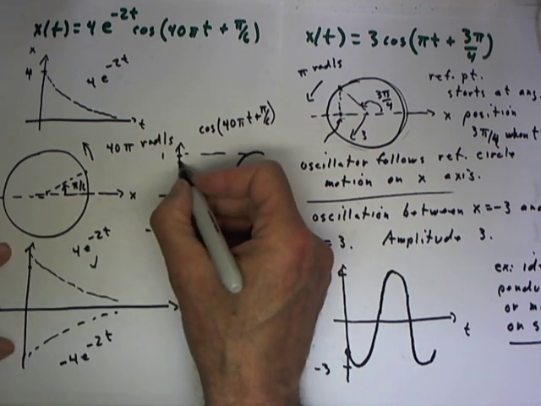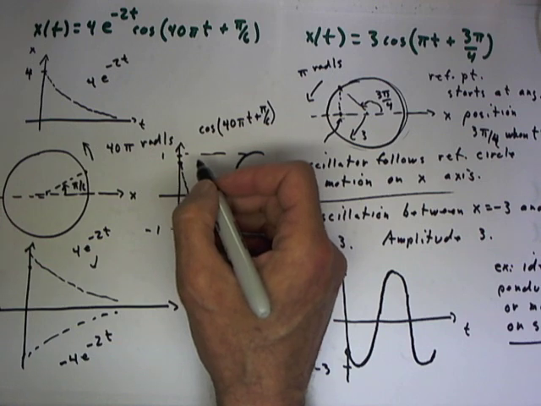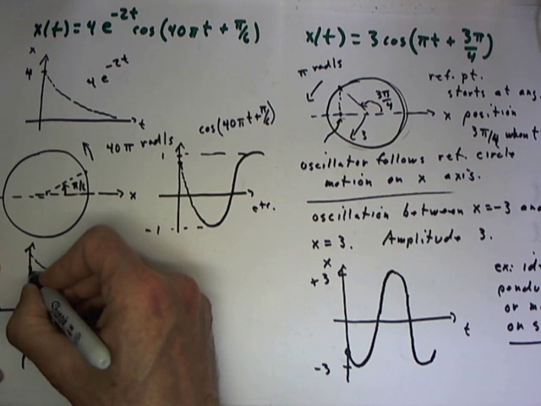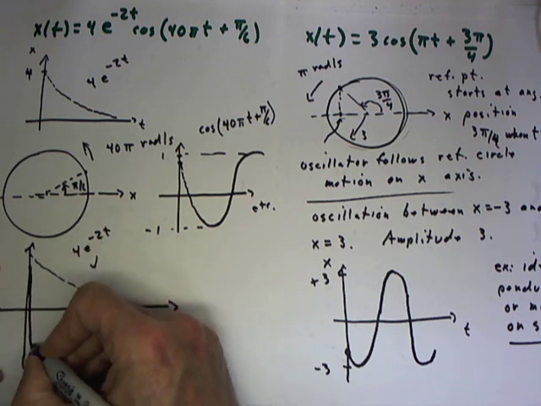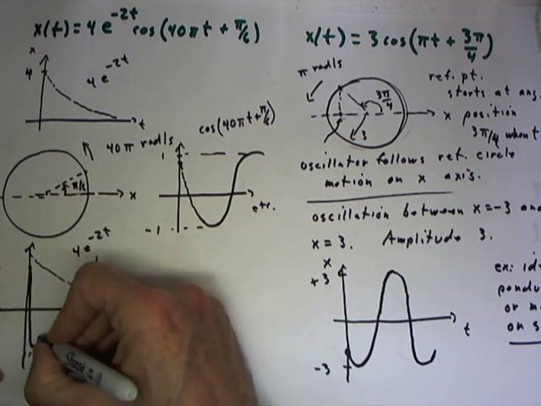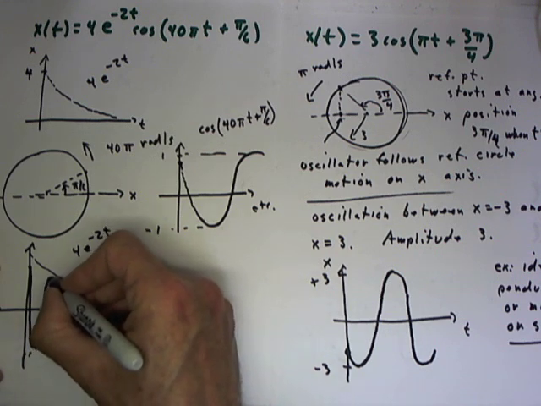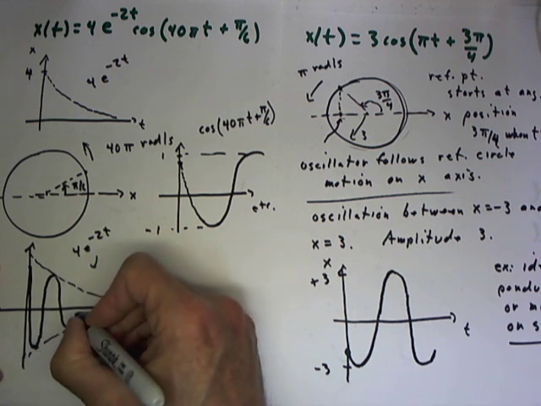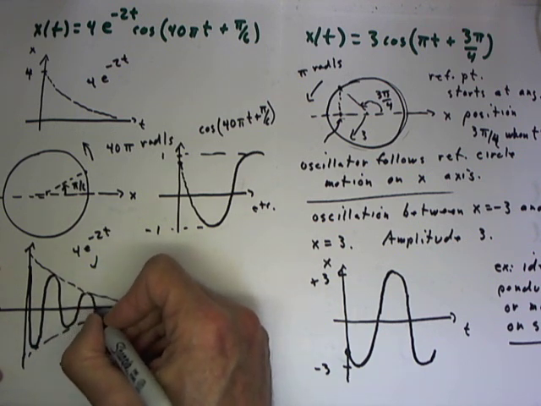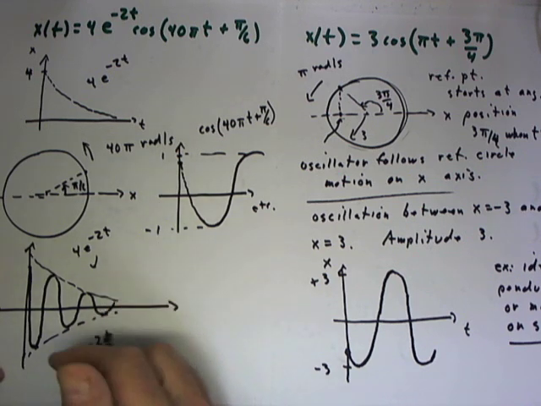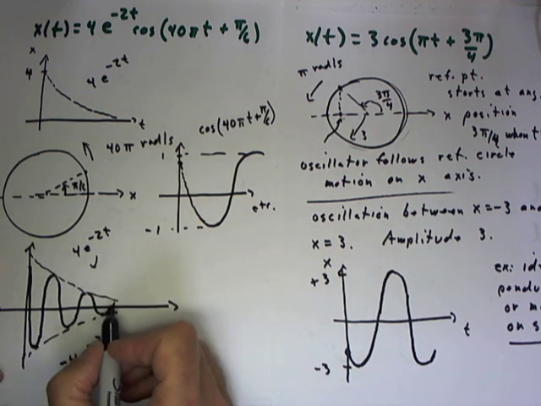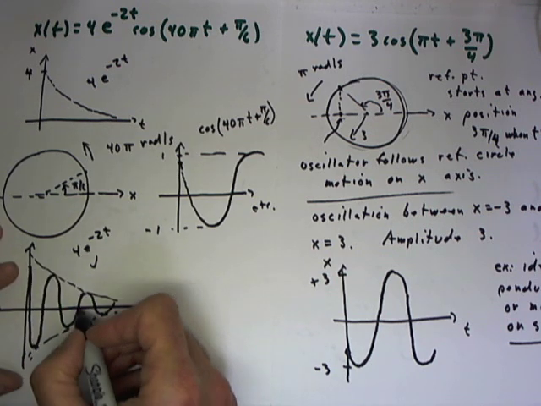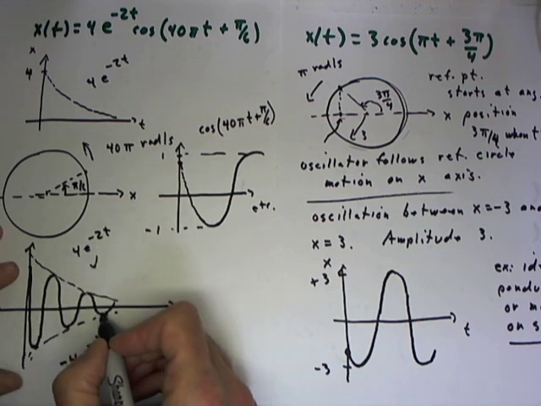It starts at a value that's pretty close to the maximum value and decreases. Now, the function's going to decrease to a point here, and then it's going to come back and it's going to increase. And it's going to decrease, going to increase, decrease, increase, maintaining the same period, but always coming down and just touching this 4e to the negative 2t function.